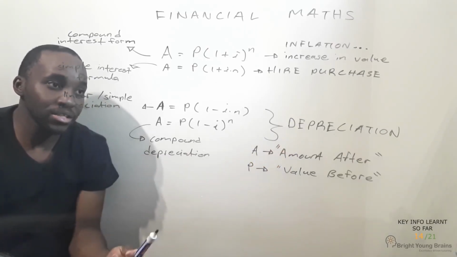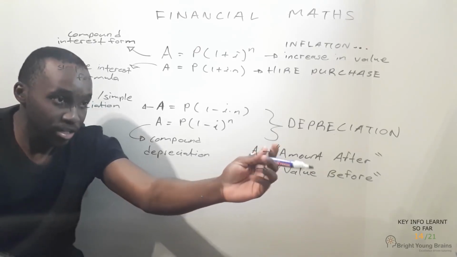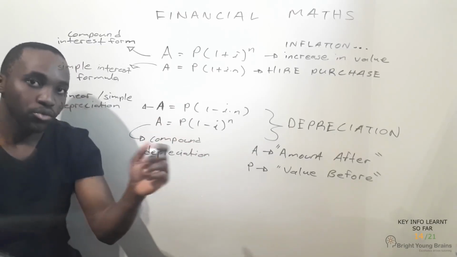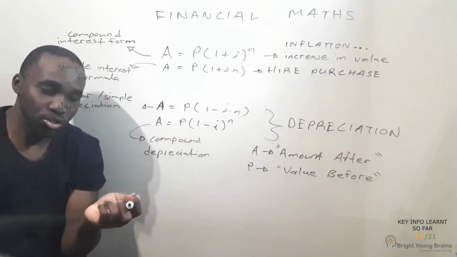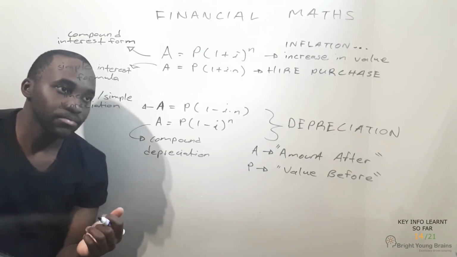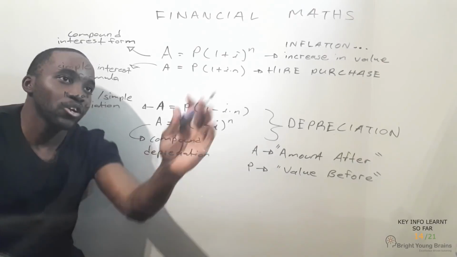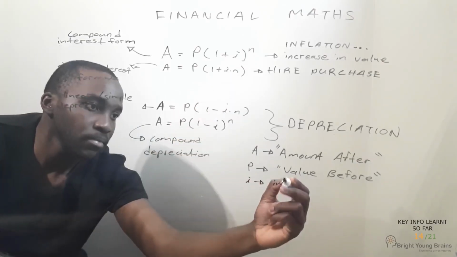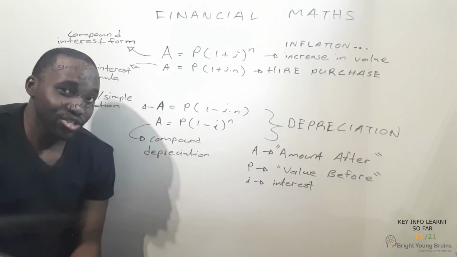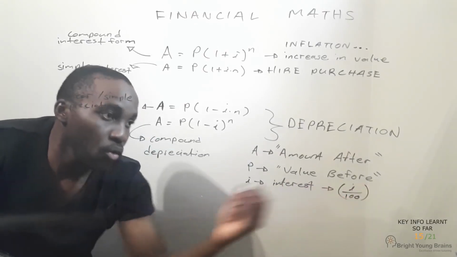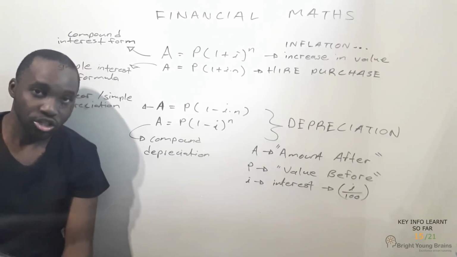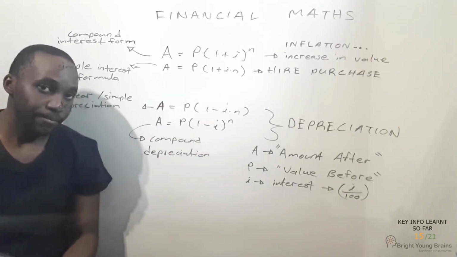Because remember, in maths, what you always want to keep in mind is, depending on how you remember the theory, it should always help you work out the practical questions. Because in maths, you never get theory questions anyways, unless you're lucky. Anyways, so with I and N, I, we know that refers to interest, and with our value for interest, you always want to put your given value for interest over 100 before you put it into this formula, always.